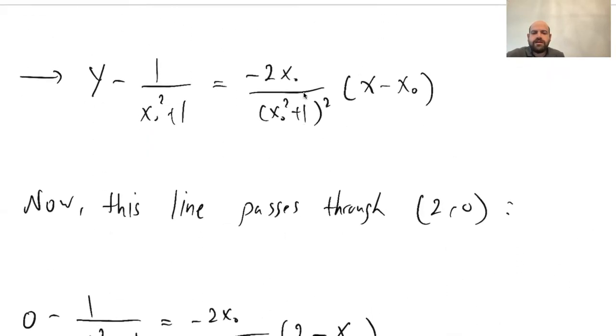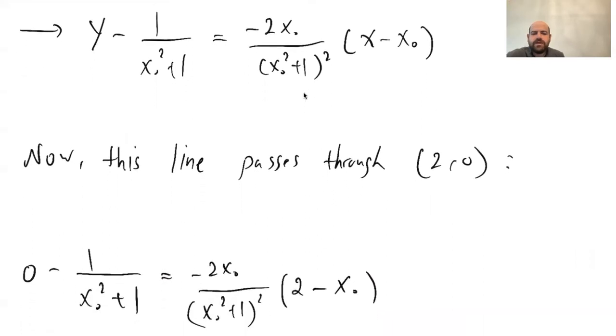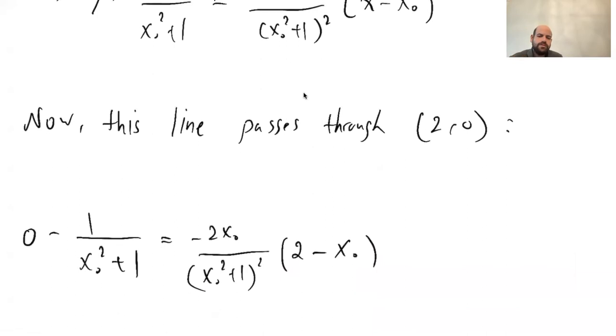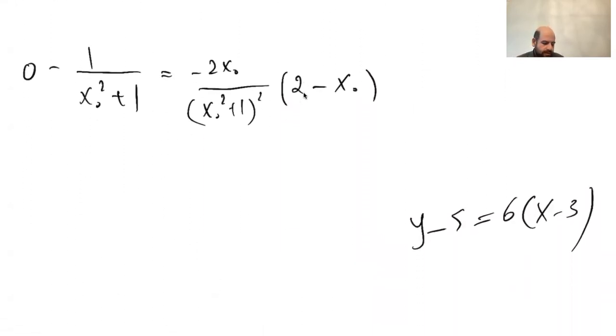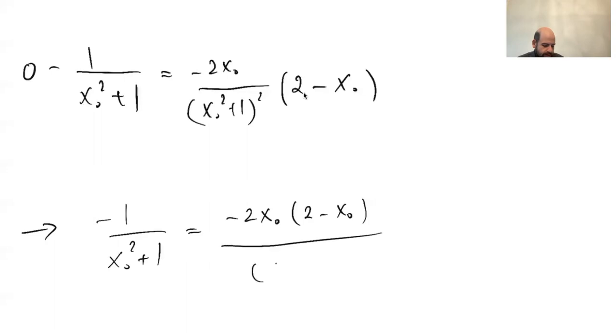Now I want this line to pass through 2 and 0. So that means I have to replace y with 0, x with 2, and then check whether the equality holds or not. So then what do we get? Minus 1 over x0 squared plus 1 equals minus 2x0 times 2 minus x0 divided by x0 squared plus 1 the whole square.